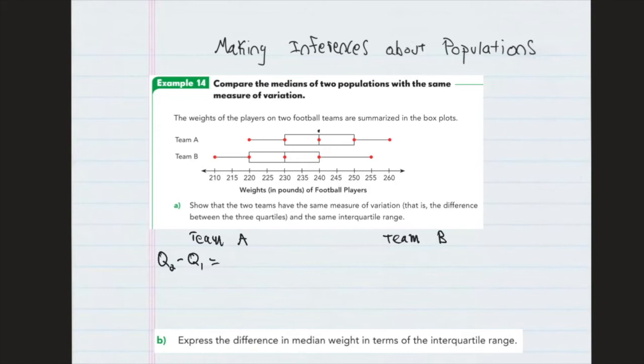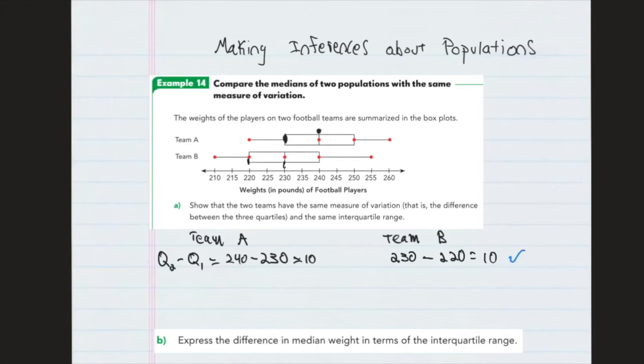So for this one, it's 240 minus, and then quartile 1 is 230, which gives you 10. And then we're going to test team B. So that's 230 for quartile 2 minus quartile 1 is 220, which also gives you 10.